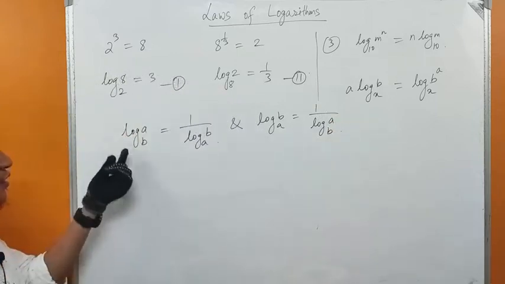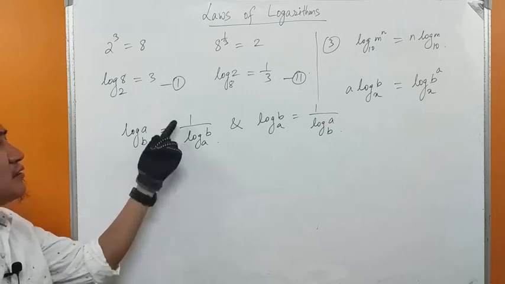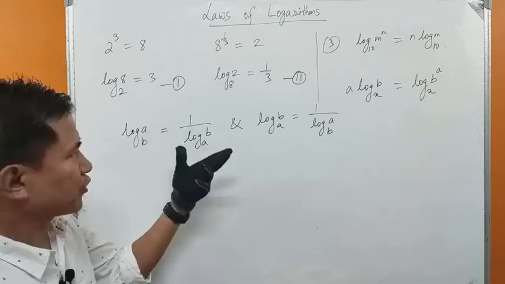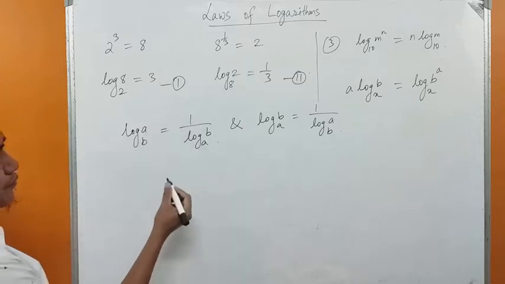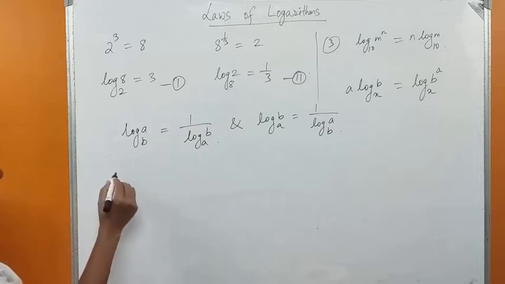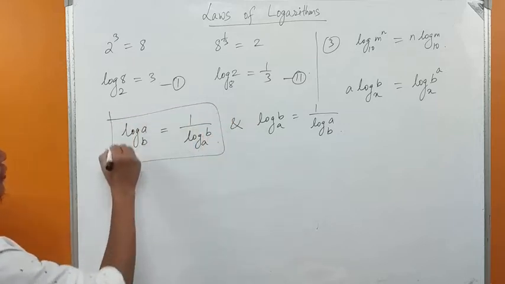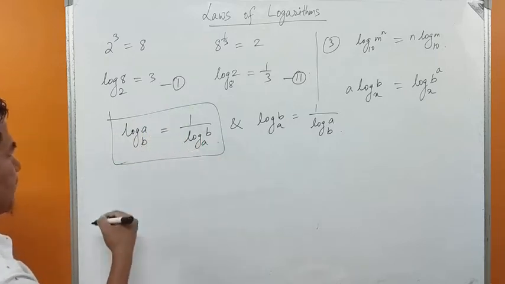When we change the logarithm and base, the number on the right hand side reciprocates. The number from the numerator goes to the denominator. So from here we can deduce the fourth law: log a to the base b equals 1 upon log b to the base a.